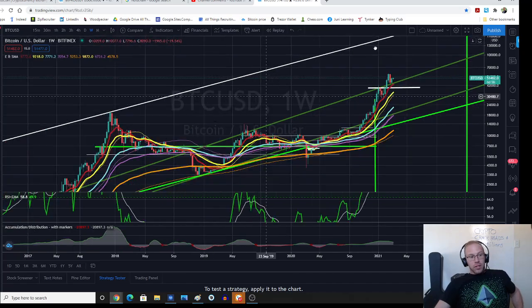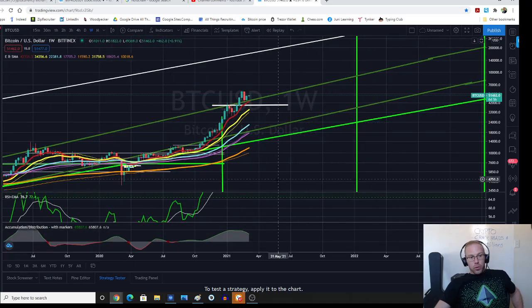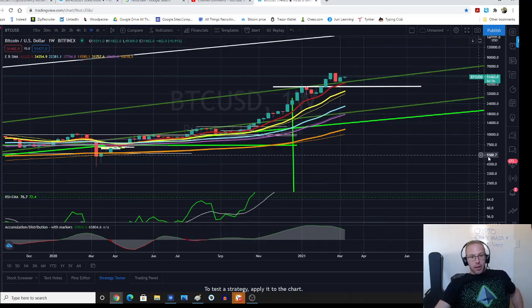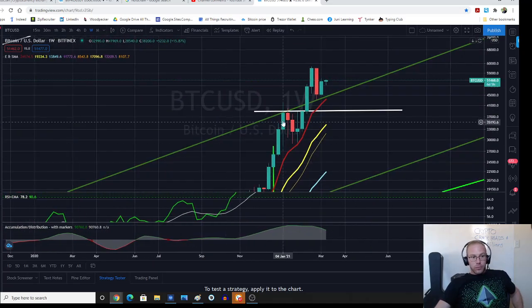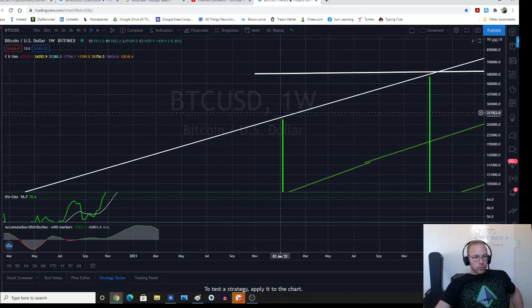Since this is the first time this white trend line has existed, the chance of a short squeeze happening just like it happened right there. Let's see how much percentage it went above it. Almost 10%. $326,000.